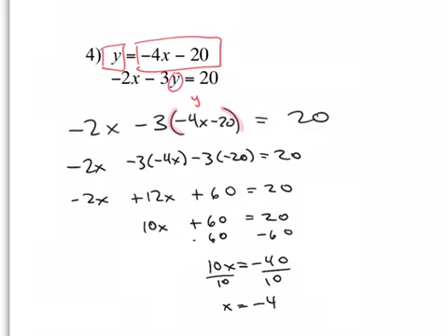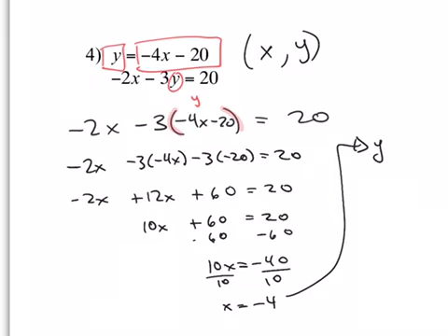I've solved for one variable. Remember, a solution to a system of equations is going to be an x and a y value together in an ordered pair. That means I need to also figure out what y equals. Conveniently, I have this equation already set up for me: y equals -4x - 20.